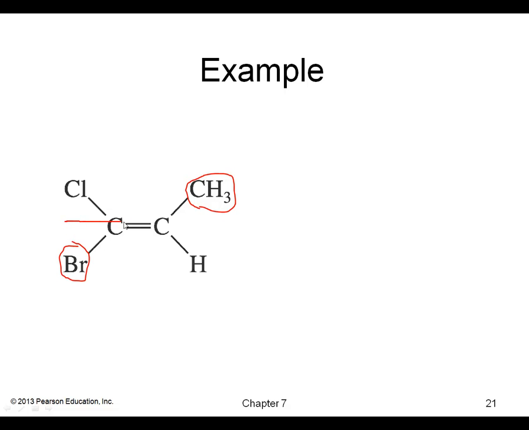Now I draw my dividing line. They are on opposite sides. And so this will be what? The E isomer, won't it? Note, in order to use E and Z, all 4 groups on the double bond are different. When I use cis and trans, I had 2 of the groups being the same.